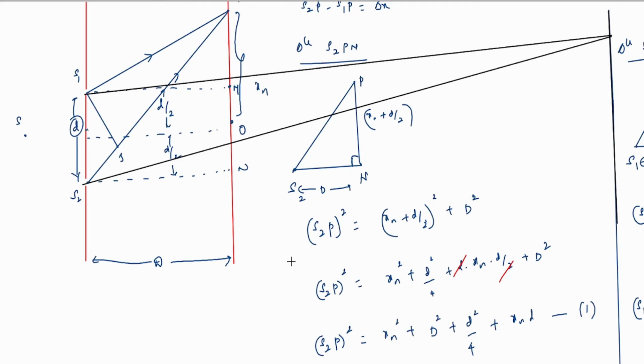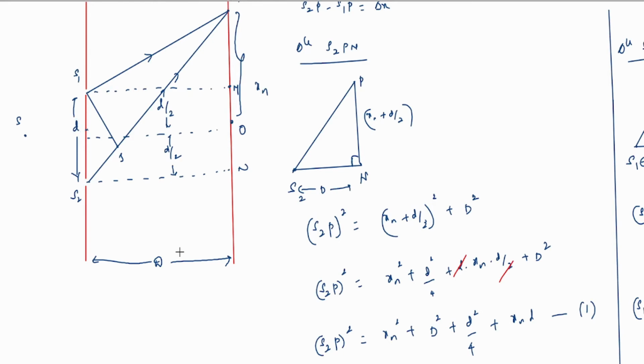In that case, the rays from S1P and S2P travel almost the same distance, or geometrically S1P is same as S2P. The farther away the point is, the more parallel S1P and S2P become. In that case, S1P and S2P would be almost the same as capital D.